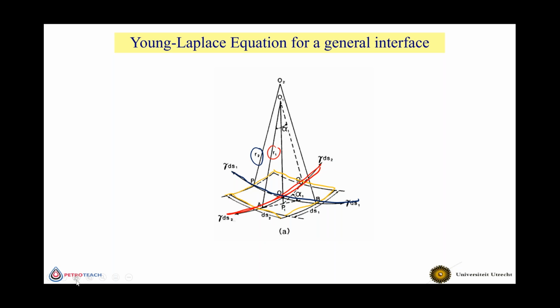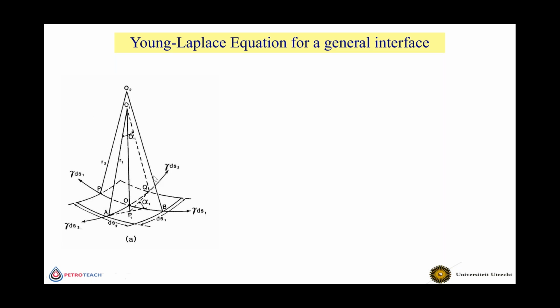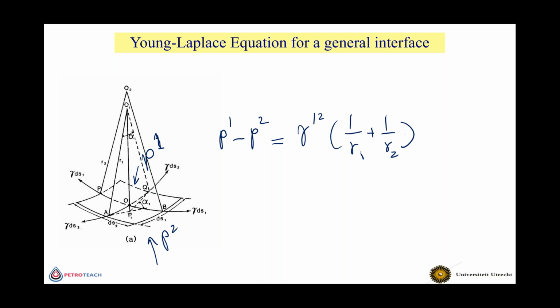And if you write the balance of forces, I'm sure you all know that you will get this formula: if the pressure on this side is P1 and the pressure below is P2, of the two fluids on the two sides of this interface, then P1 minus P2 is equal to gamma between these two times (1/R1 + 1/R2).